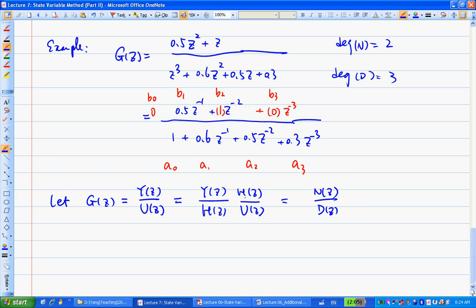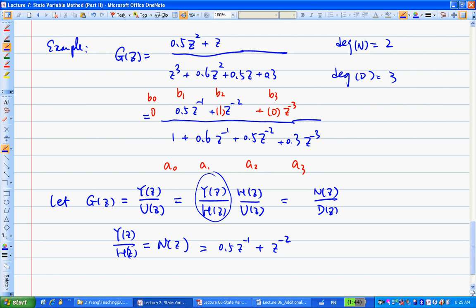So what this means is we're going to let Y of z over H of z equal to the numerator, and in my particular case, the numerator is 0.5 z to the power negative 1 plus z to the power negative 2.